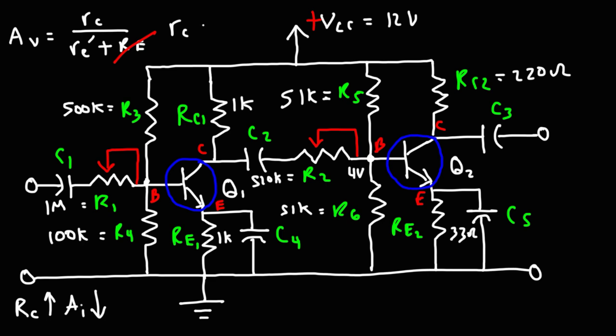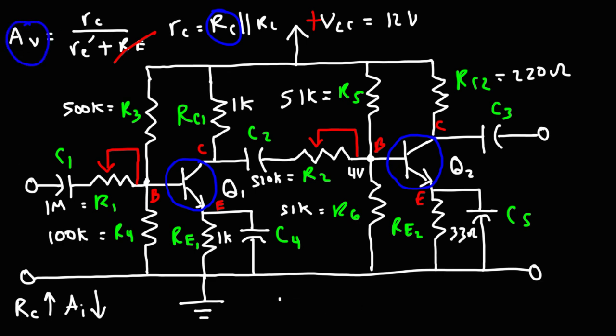Now, RC is basically the collector resistance in parallel with the load resistance. The load resistance is going to be the resistance of the output circuit. So hopefully that's very high. But nevertheless though, RC is directly related to AV.